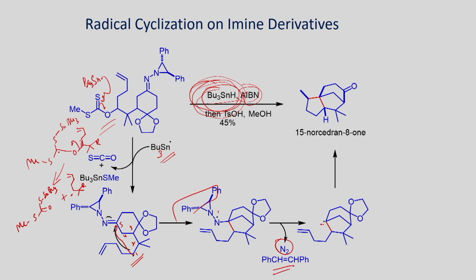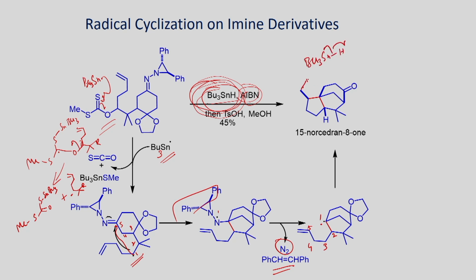Once you form the tertiary radical, this can undergo exo cyclization to give a radical. Once we have this radical, it can react with tributyl tin hydride.